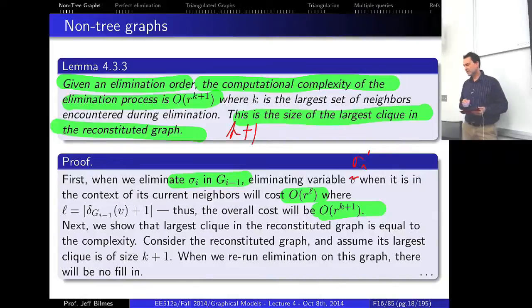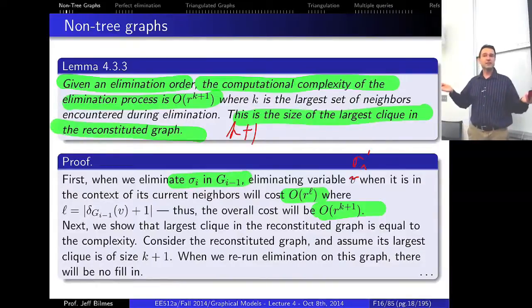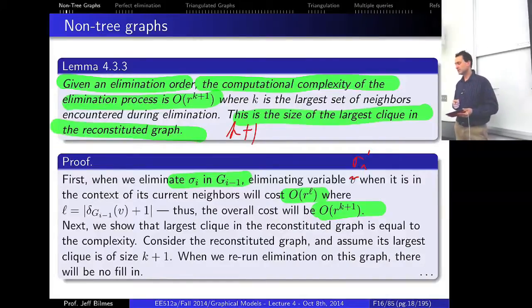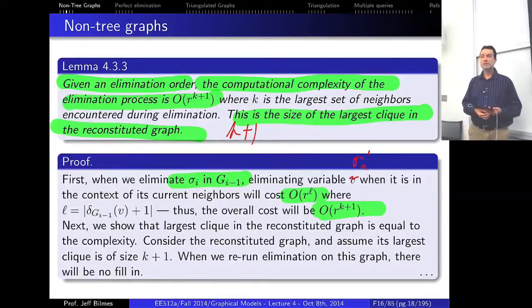Now the next thing we need to show is that the largest clique in the reconstituted graph is equal to the complexity. So let's look at this reconstituted graph, and let's assume that the largest clique size is k plus 1. Now when we rerun elimination on that graph, there's going to be no fill-in, right?